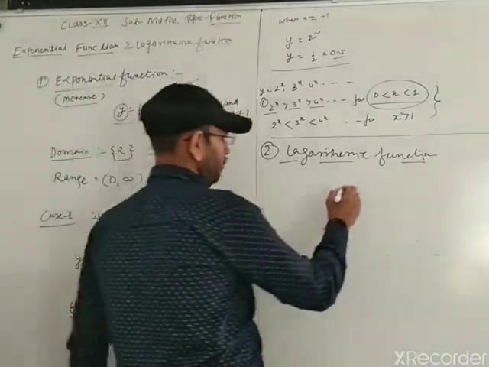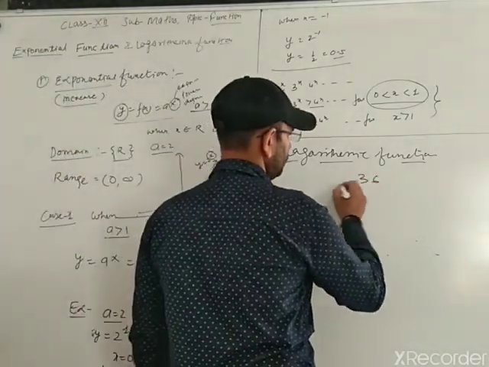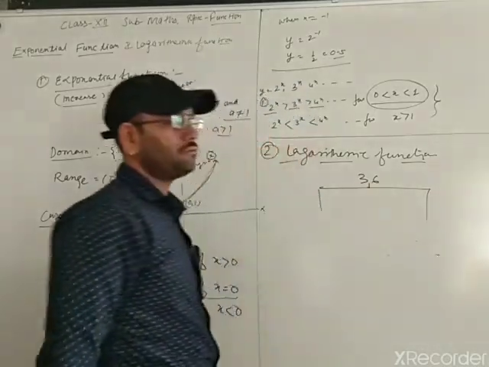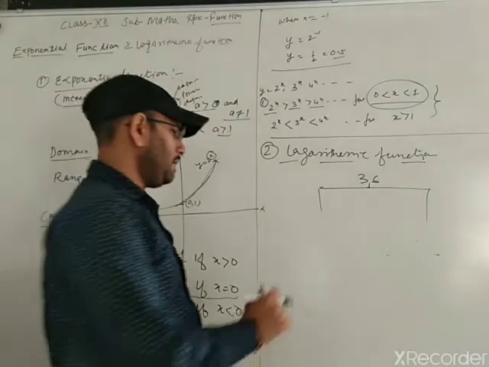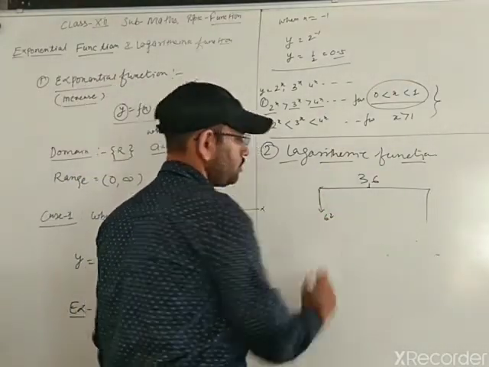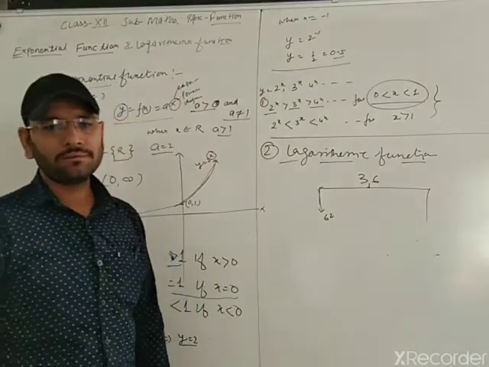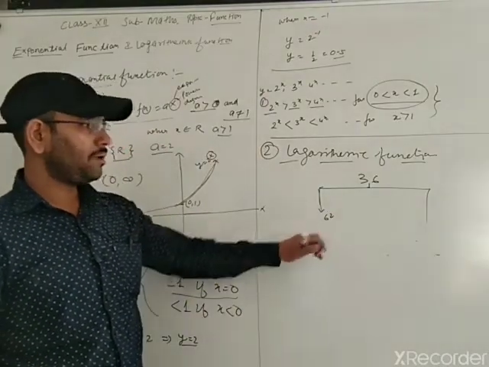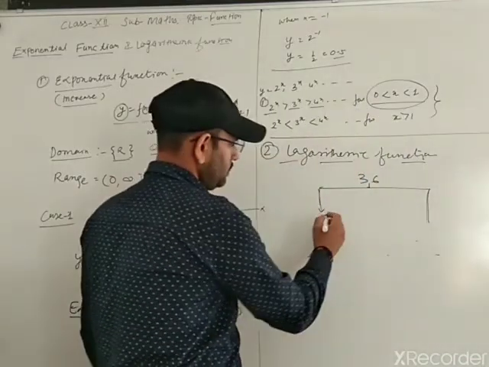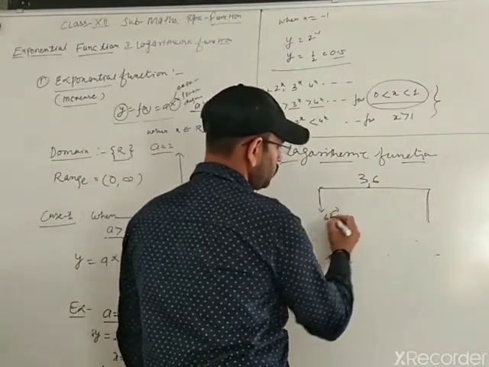Clear? What? We have the value 36. This 36 can be written as 6 to the power 2. In this 6 to the power 2, this 2 is called what?